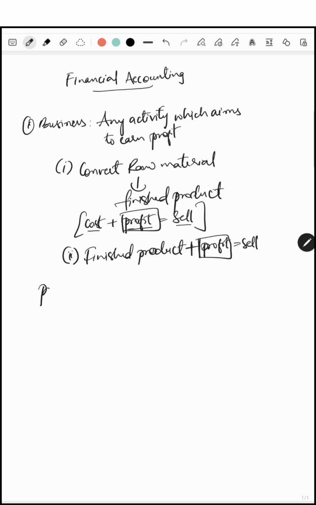So for that, to know profit, or to know how much loss incurred in business, or to know the actual financial position, we need to do some activity that is called accounting activity to find out all this. So what activities are involved in that we'll get to know now.